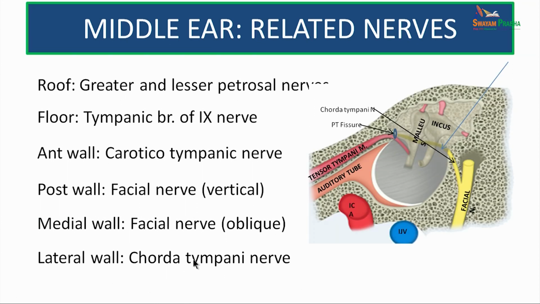And in the lateral wall, we see the chorda tympani nerve arising from the facial nerve and passing on the medial aspect of the handle of the malleus and passing backwards and exiting.